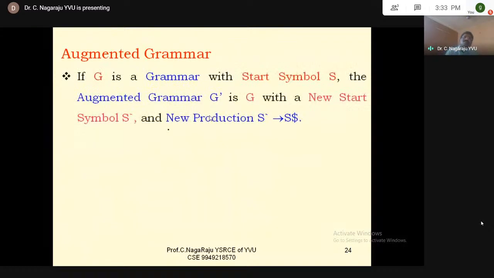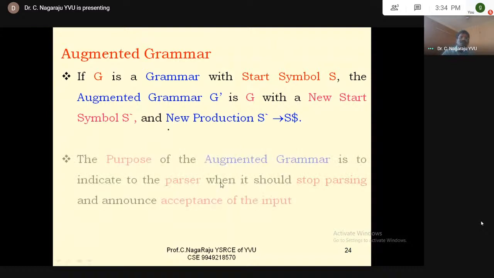Augmented grammar means, if G is a grammar with the start symbol S, and already I explained that every context free grammar contains a start symbol, which is the root node in top down or bottom up approaches, then the augmented grammar G' is G with a new start symbol S', and the new production is S' to S dollar.